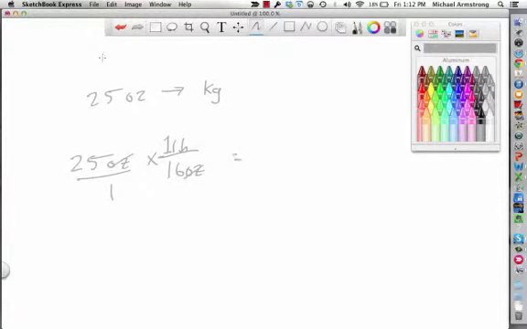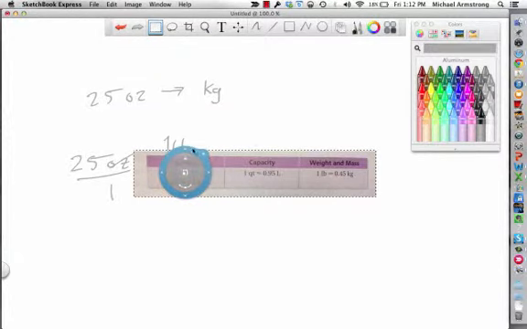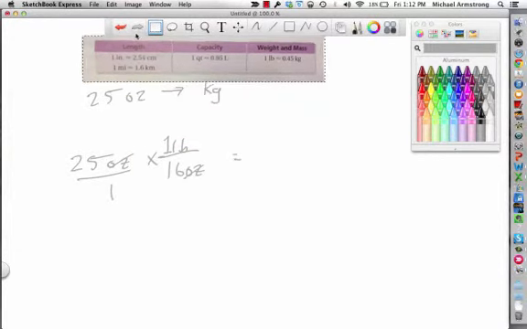Okay. So real quickly, we're having pounds and kilograms here. But what they don't tell us is how many ounces are in a pound, and I know, it's in your book.